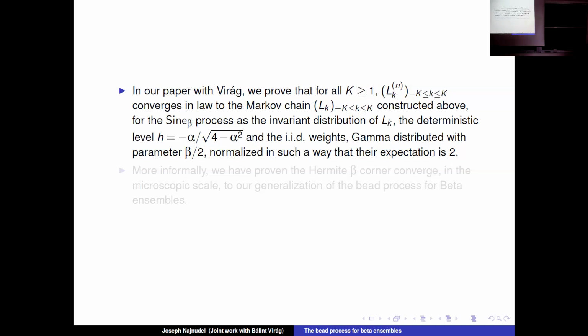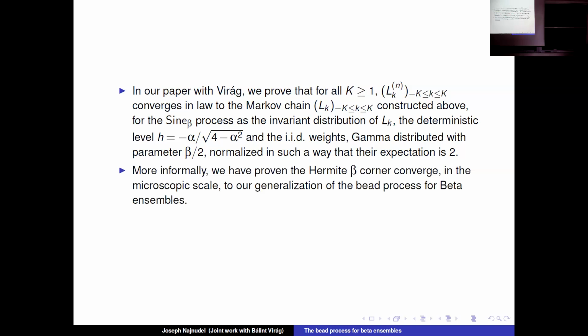Okay, and then we have explicit expressions for the levels and the weights. So more informally, we have proven that the Hermite beta corner converges in the microscopic scale to our generalization of the bead process for beta ensembles.